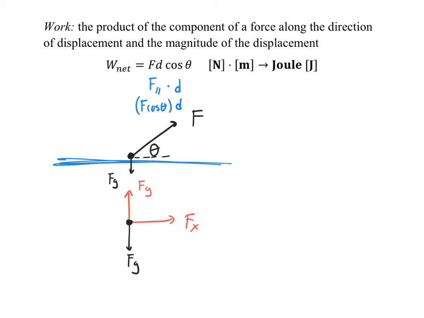But if you start by writing F cosine theta times d, you remember that you're really using a component of the force along the direction of motion. So what is that angle theta? That angle theta is the angle between the force and the direction of motion. This was motion, my hand, and that's the force. So there's the angle theta.